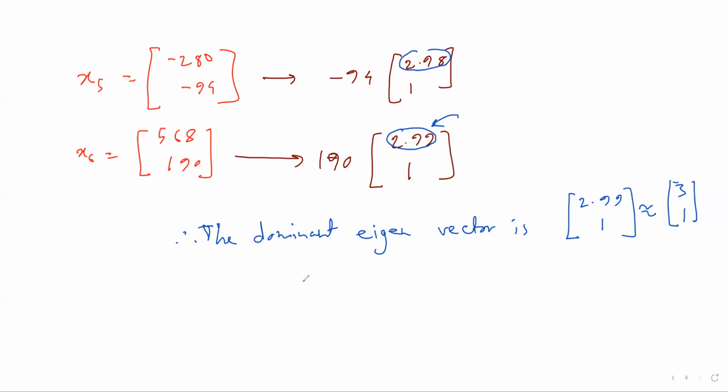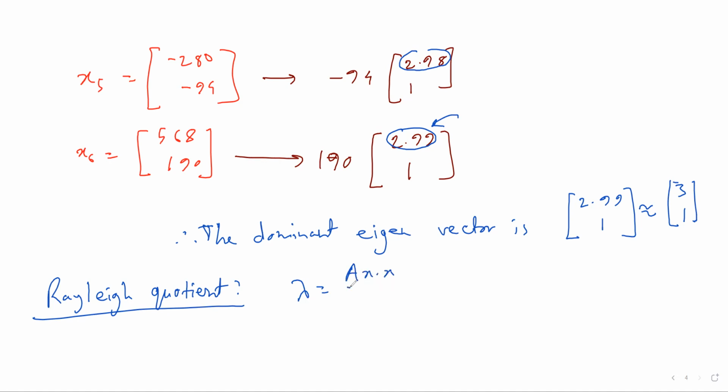But we got the dominant eigenvector, and we have a formula called the Rayleigh quotient, which gives us an equation like this: lambda equals Ax dot x divided by x dot x. Basically, this is an equation that gives us the eigenvalue corresponding to an eigenvector.